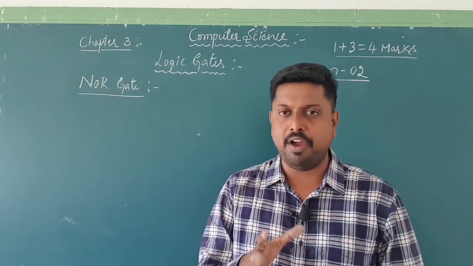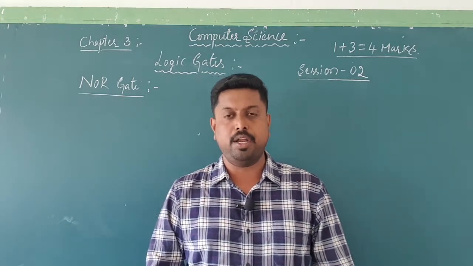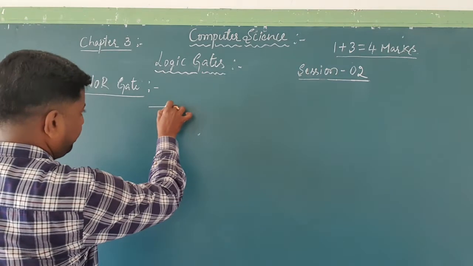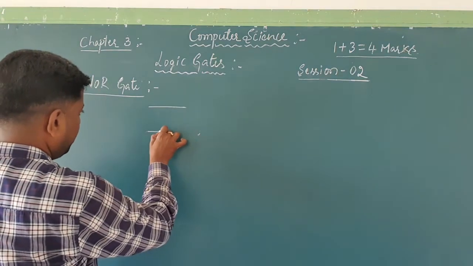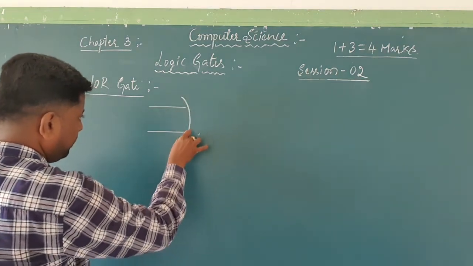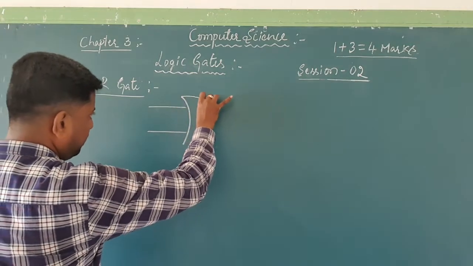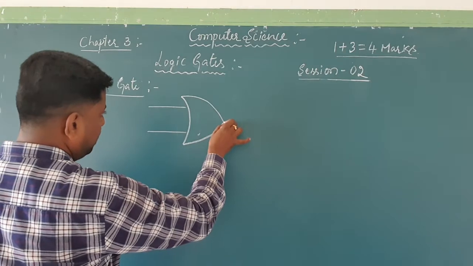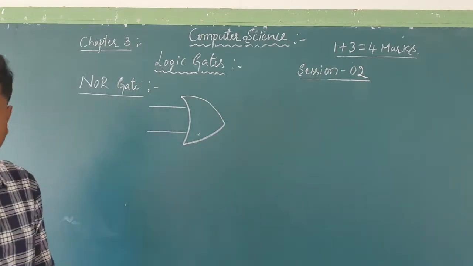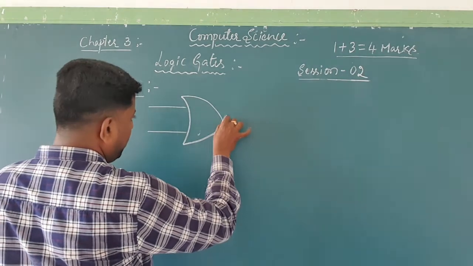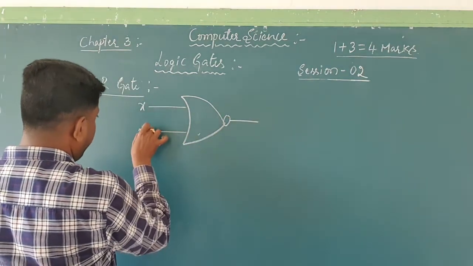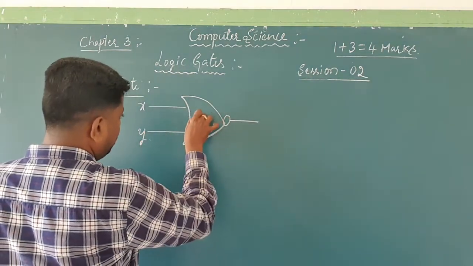Now I will write the symbolic representation of how the NOR gate should be represented. See, the NOR gate with one bubble, X and Y are the two inputs.